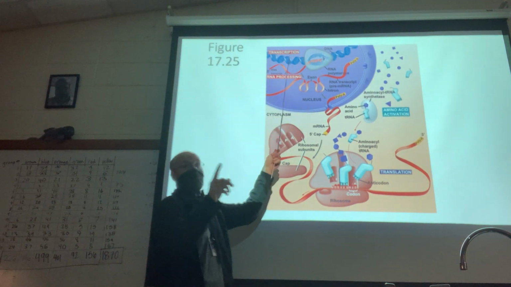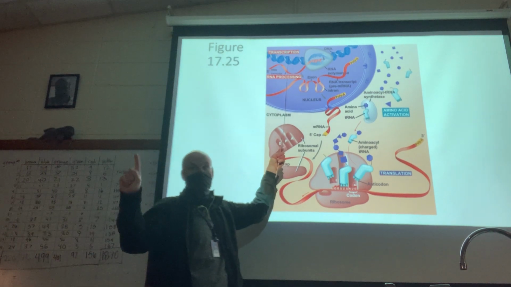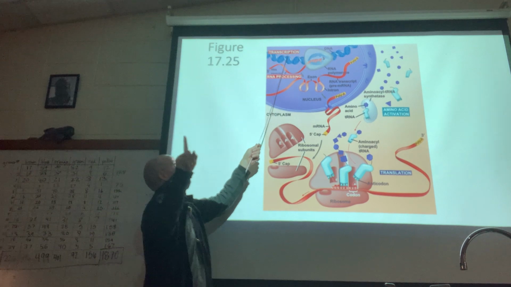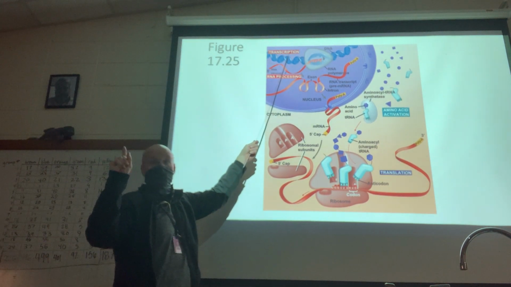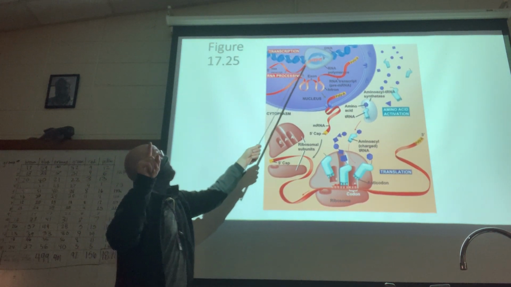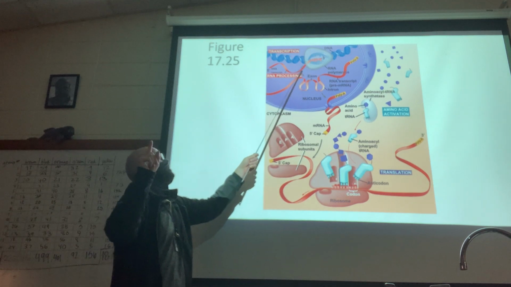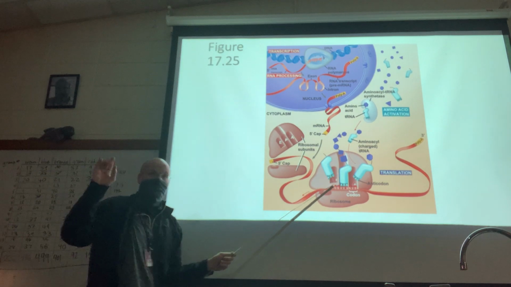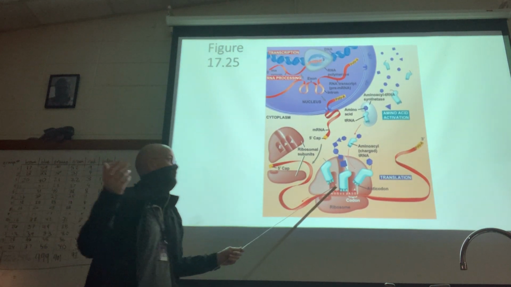But the DNA is the instructions for making the product. It's the cookbook. The message is how you get those instructions from DNA to the ribosome, which actually does the work.